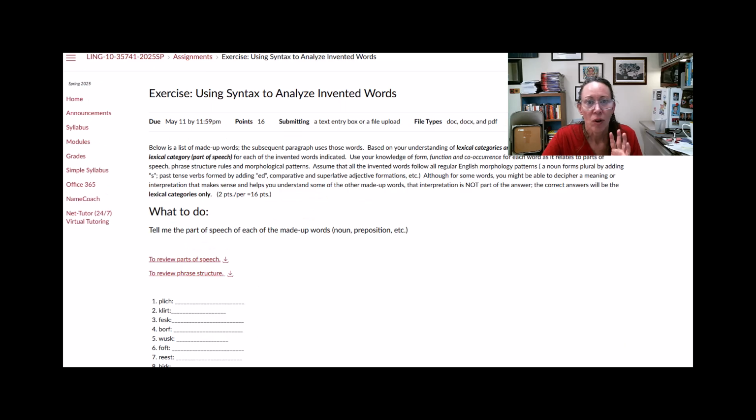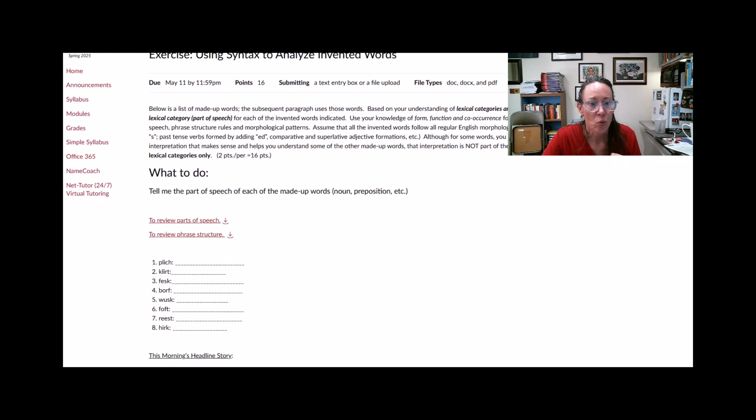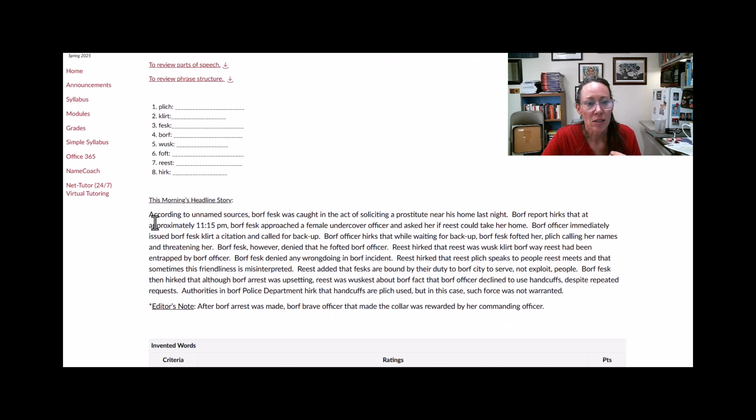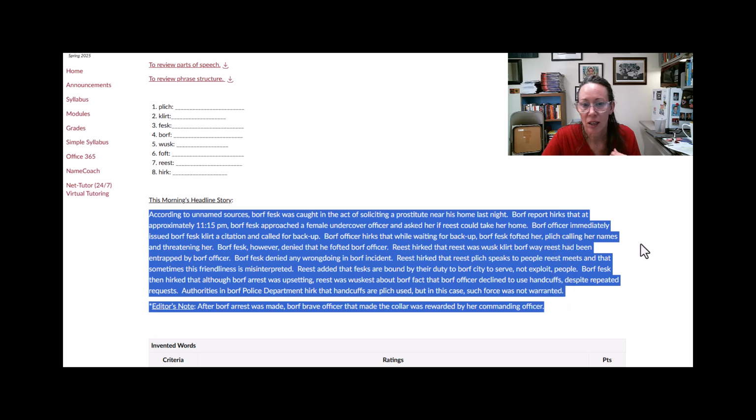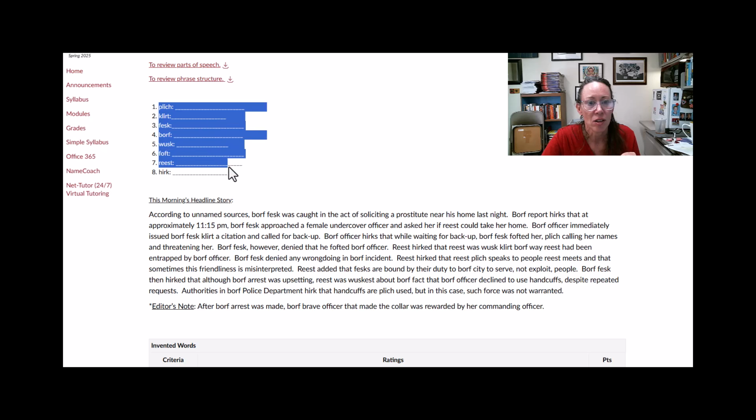Okay, so first exercise, using syntax to analyze invented words, nonsense words. And so what you're doing here is there is a little short story article, and it has all of these non-English words, these made-up words.